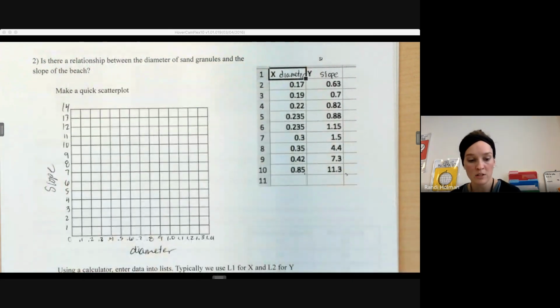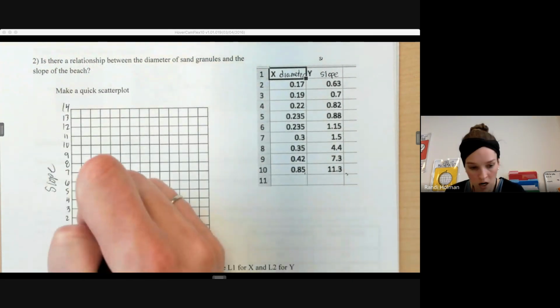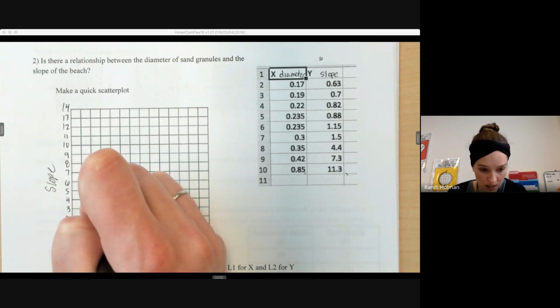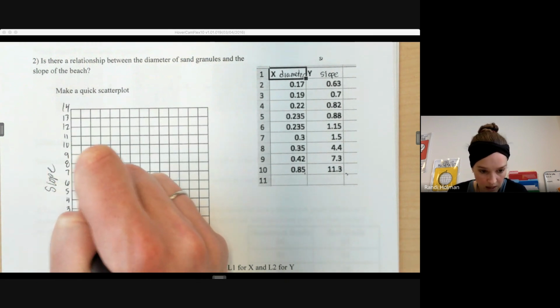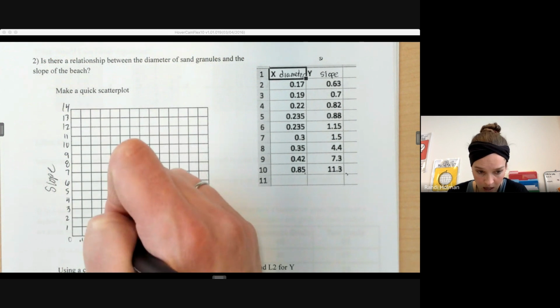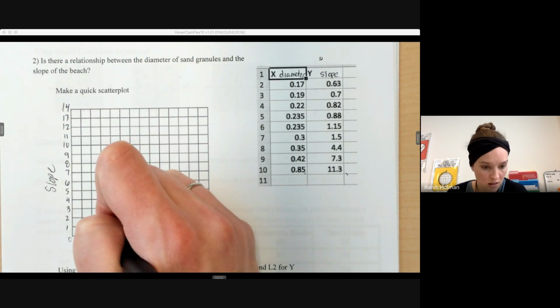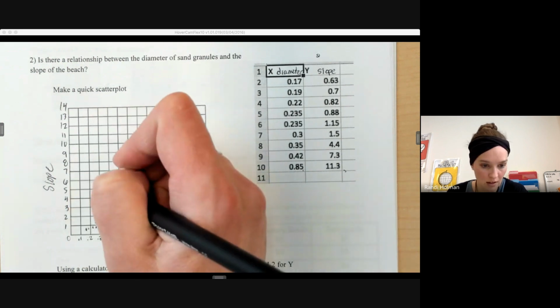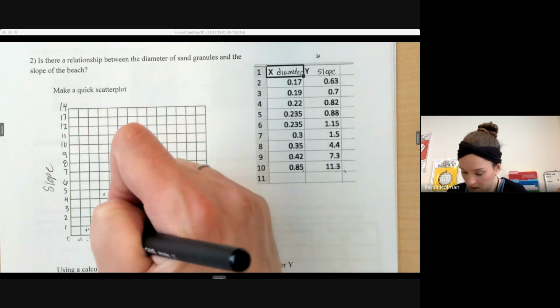Okay, so once we have those points there, we're just going to plot our points. So if you want to pause to actually plot those points, that would be a great idea. I'm just going to throw these on here real quick. We're just plotting all of these values that we have here.